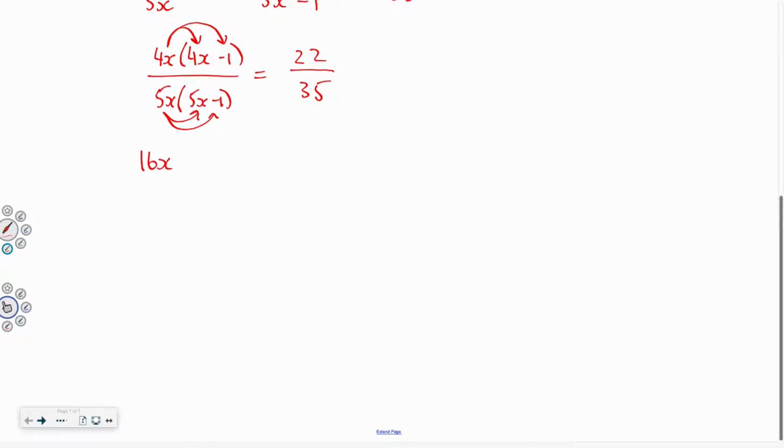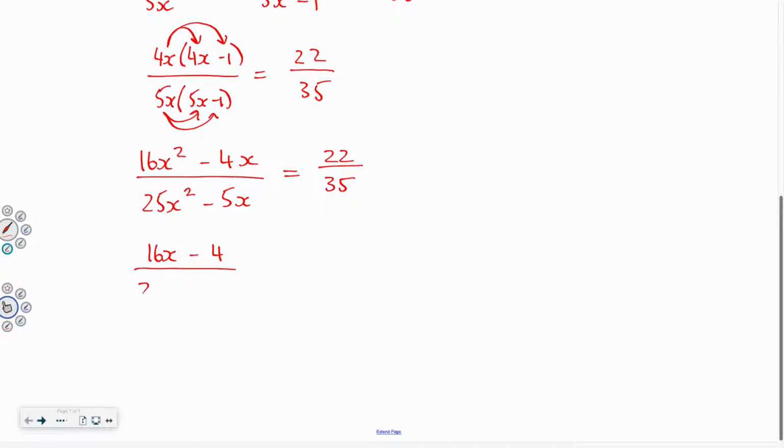And we get (16x squared minus 4x) divided by (25x squared minus 5x). And again, we're still equaling 22 over 35. Looking at the left-hand side here, we're able to simplify and we can cancel an x from every term. So we're going to get (16x minus 4) divided by (25x minus 5). And that's still equal to 22 over 35.